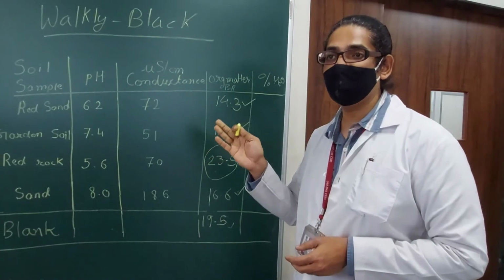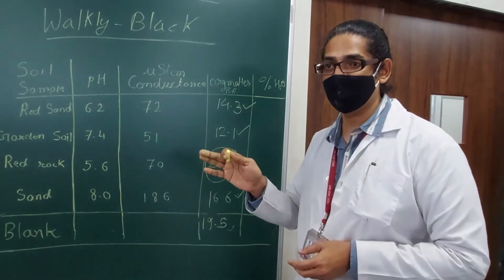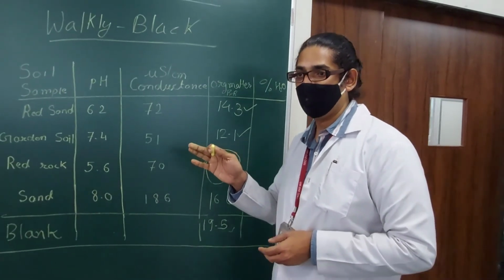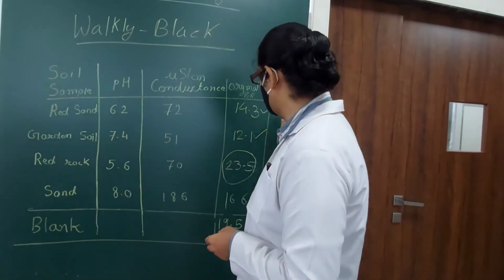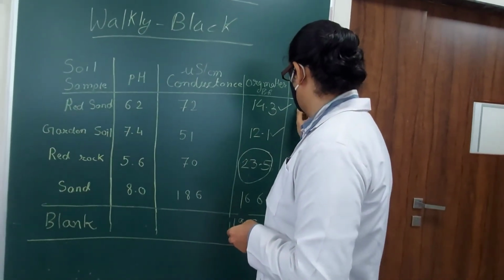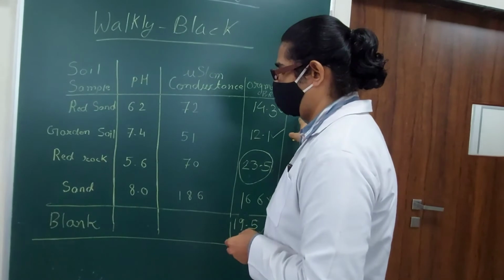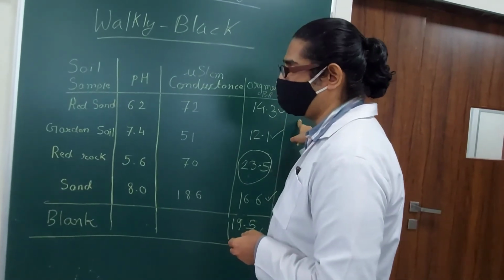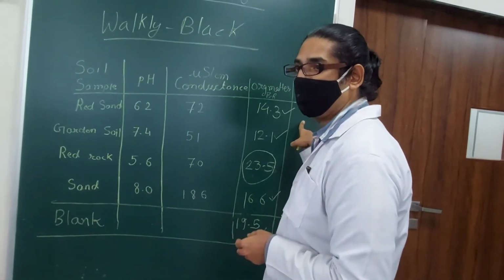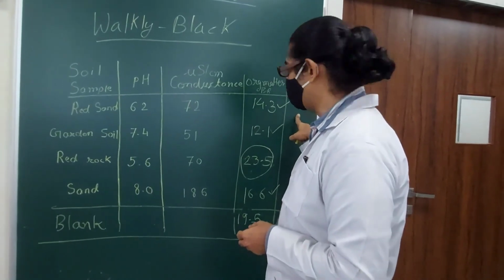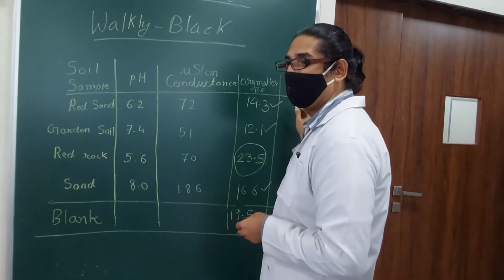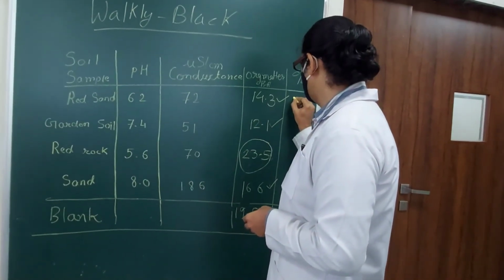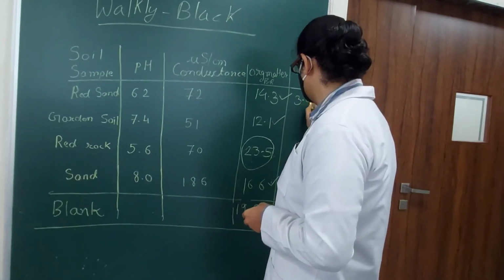Can you tell us the difference, or do you have both the values with you? 5 grams we took, and after drying, we got 3.908 grams as the weight of the dried sample. For which sand? Red sand. Okay, I'll say 3.9 grams.